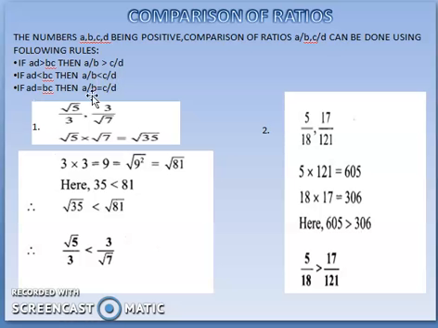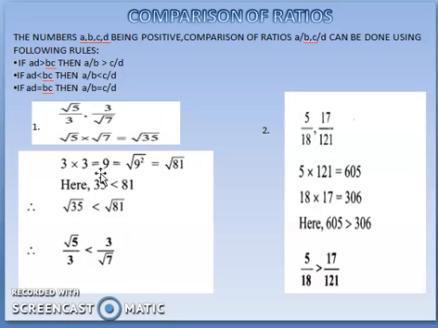Let's solve some examples so that we can understand better. Root 5 upon 3 and 3 upon root 7. So A, B, C, D, that means 4 things, A upon B and C upon D. We multiply AD and find out, then BC, and compare. Root 5 multiplied by root 7 gives root 35.